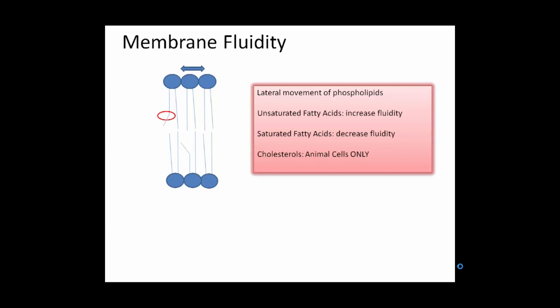When we look at membrane structure, we'll see that the cholesterols are embedded between some of the phospholipids. What this does is it acts as a fluidity buffer. It's going to act as a spacer. It's going to hang on to those phospholipids to slow them down or space them out, depending upon what is needed, if we need it to be more fluid or less fluid.